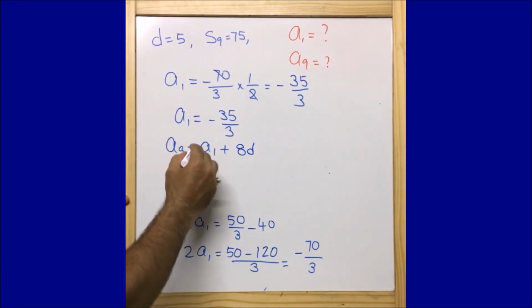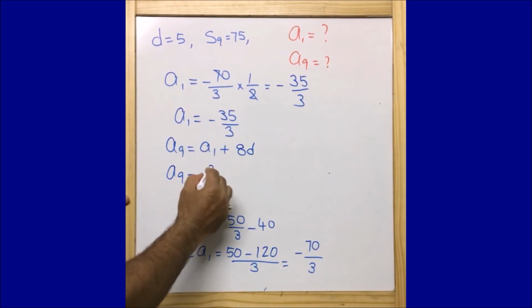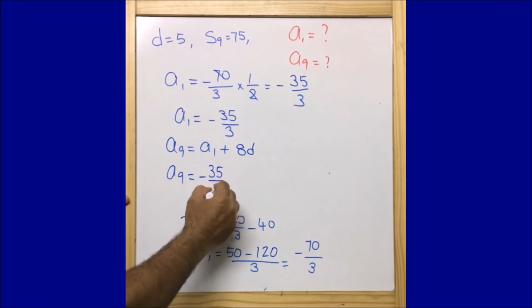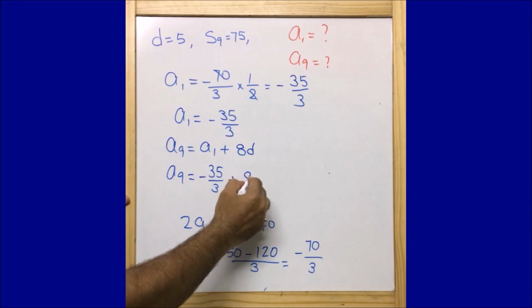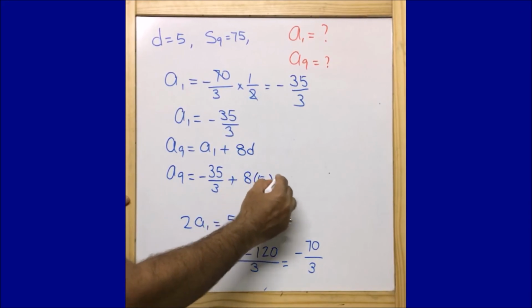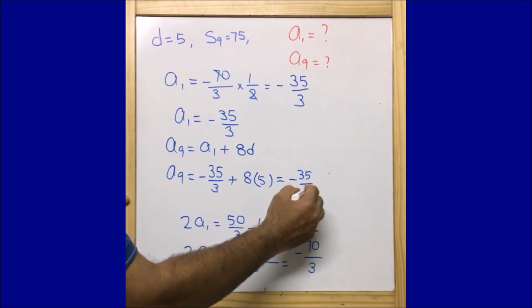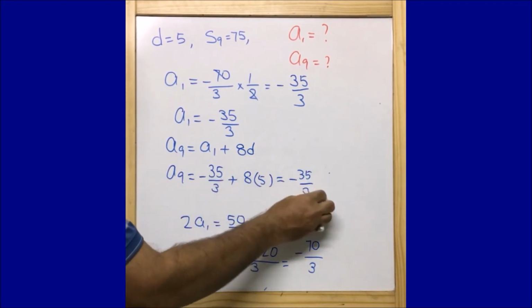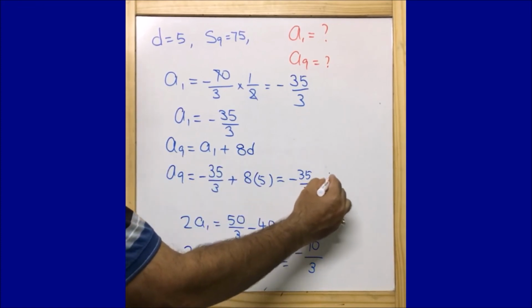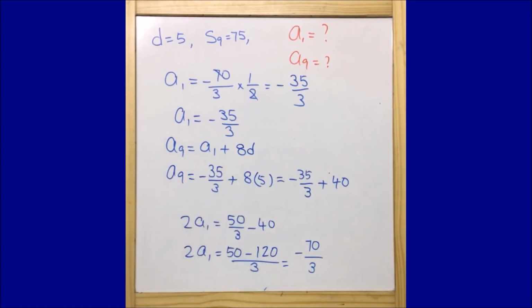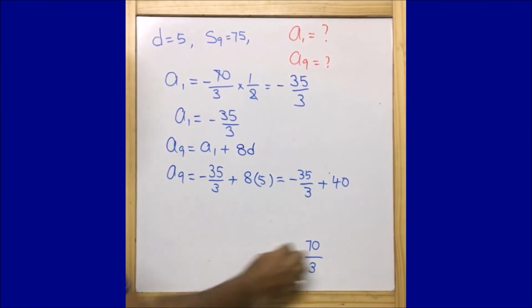Or I can write a9 is equal to a1, minus 35 by 3 plus 8d, here d is 5, so 8 into 5, that is equal to minus 35 by 3 plus 40.